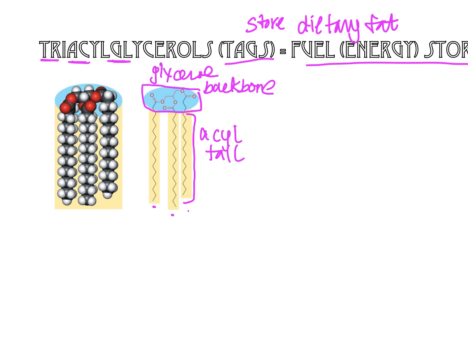So we've got 3 tails that were each once a fatty acid, and those are all attached to the glycerol backbone. There are 3 carbons of the glycerol backbone, their oxygens, and then the rest of it was the fatty acid.